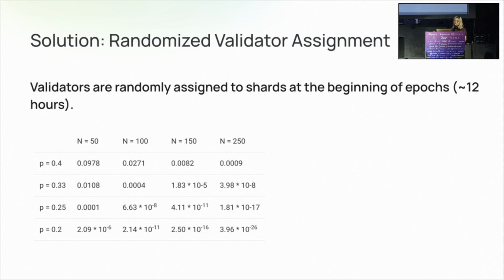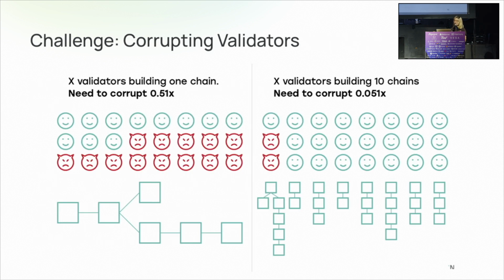So in fact, the probability that the single shard takeover happens decreases exponentially with the number of validators in a single shard. So if we have enough validators in every shard, the probability can be very, very small, like 10 to the negative 26, and negligible. However, that is only a partial solution.